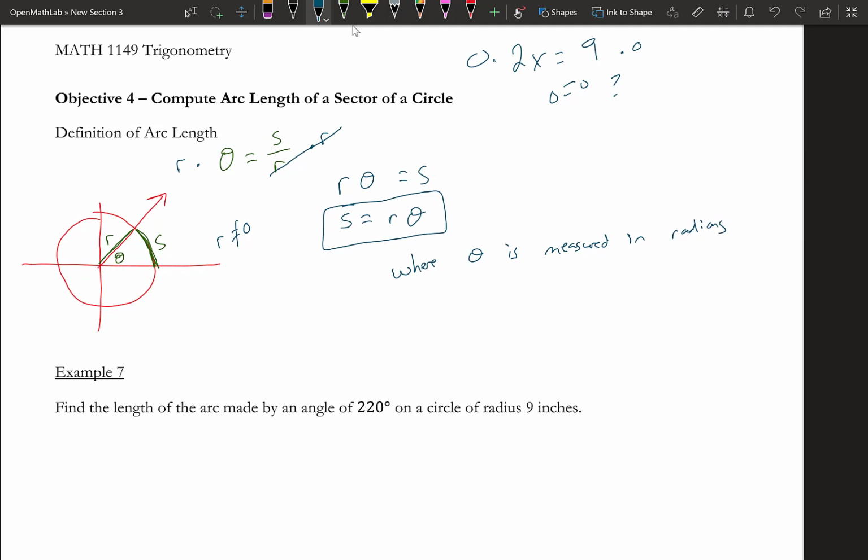That's assumed in this original relationship. We used that to define finding an angle measure in radians. So when we use this equation, if the angle is given in degrees, we need to convert it into radians.